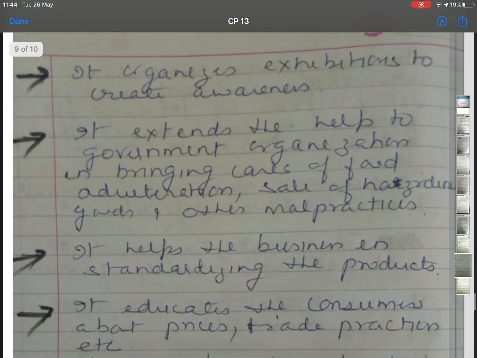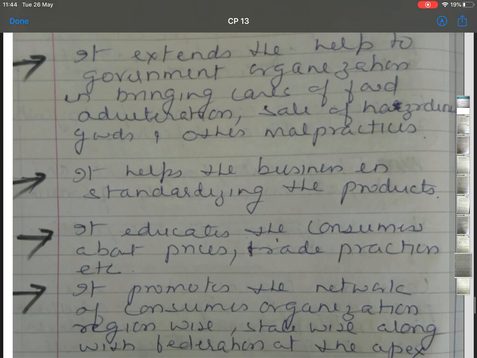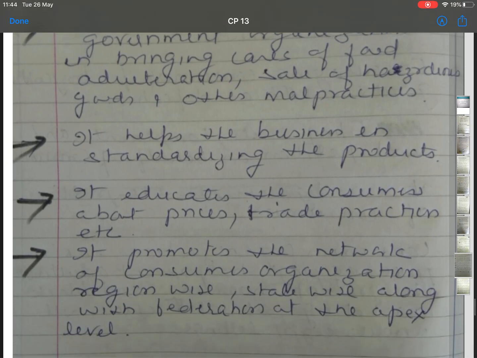It extends help to government organizations in bringing cases of food adulteration, sale of hazardous goods or other malpractices by business. It helps business in standardizing the products.